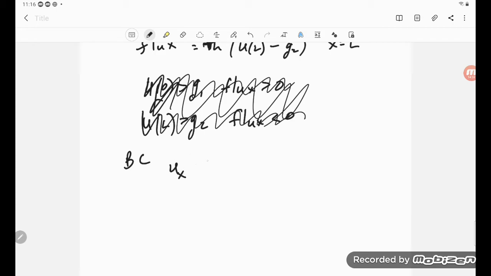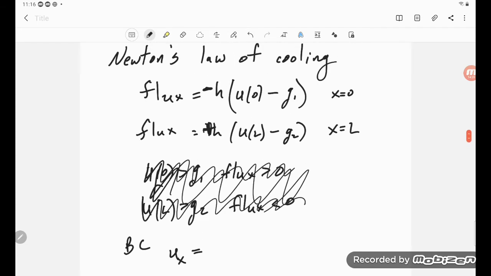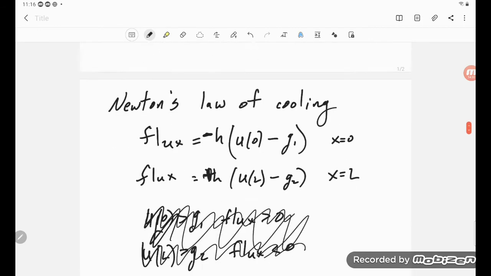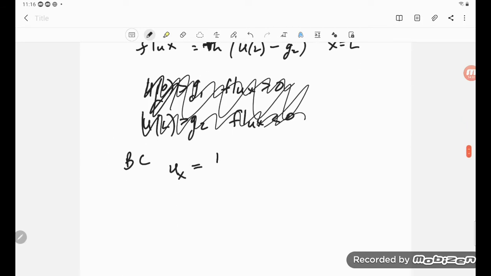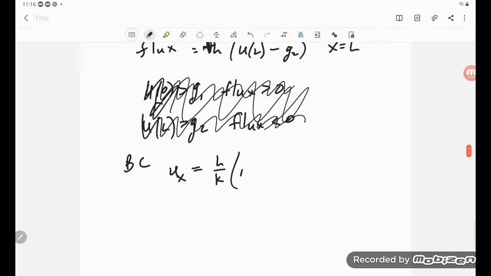Okay, so the derivative of u with respect to x is equal to, so if that's a minus and the k is a minus, then we'll get an h over k, which is a positive, and u of 0 minus g1.